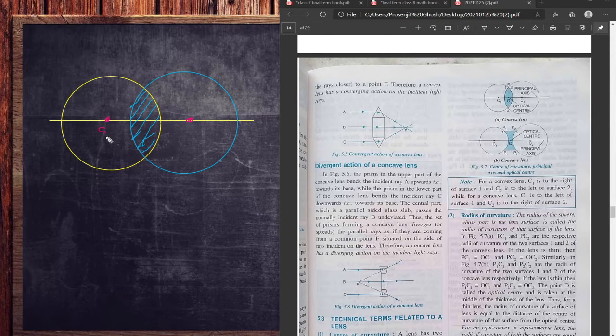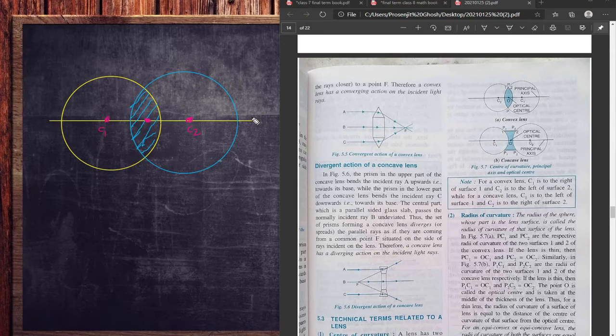While we have two circles, there should be two centers. So what is the optical center? If you measure this C1 and C2 and divide it into two equal parts, you will have a point at the middle, and that will be your optical center. The line through these points is called the optical axis.